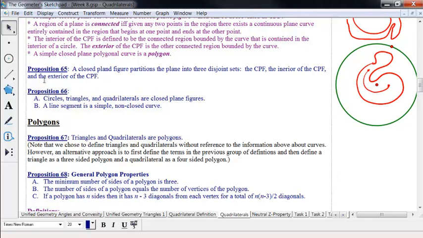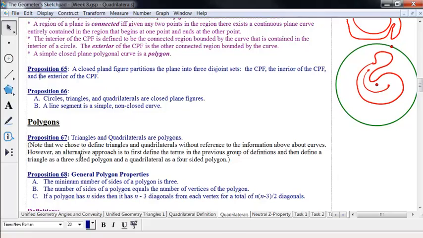Circles, triangles, and quadrilaterals are closed plane figures, and a line segment is a simple non-closed curve. And then with these definitions, and the definitions that I gave before that didn't deal with curves, we can prove proposition 67, that triangles and quadrilaterals are actually polygons.